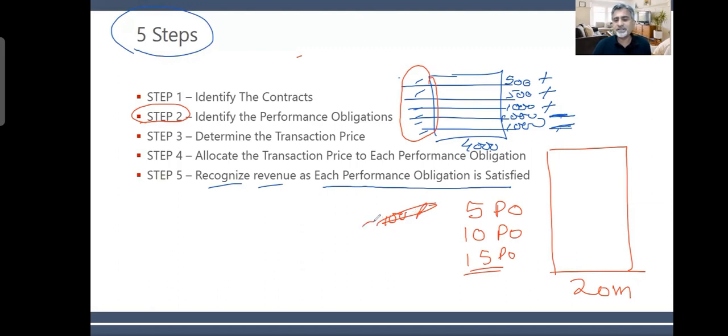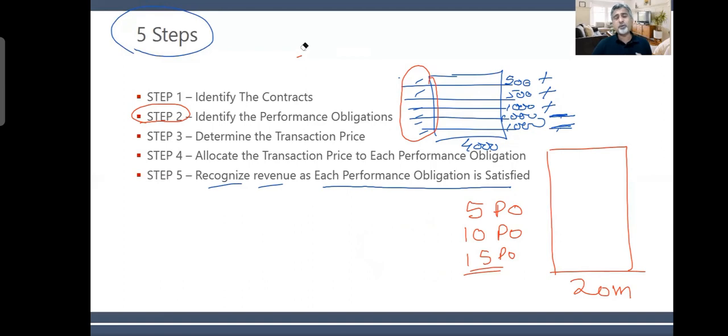So you say, okay, let's move to simplicity. And if you come to simplicity of making 10 performance obligations, you might lose accuracy. So you need to somehow stay somewhere in between, what is the most appropriate number of performance obligations.